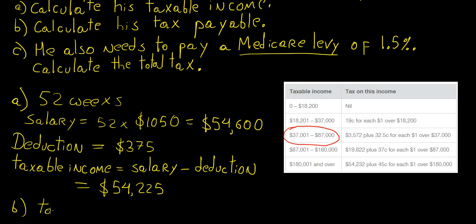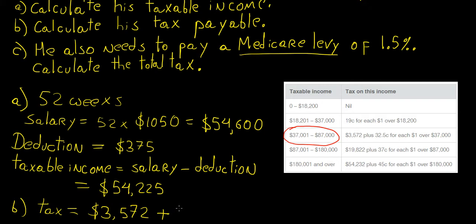So let's just write it as tax. We have a fixed amount to pay. That's $3,572. And we're going to have to add to that 32.5 cents for each $1 that is over $37,000. So 32.5 cents of $1 for each dollar means 32.5%.